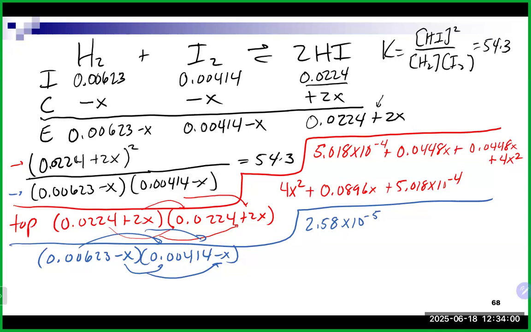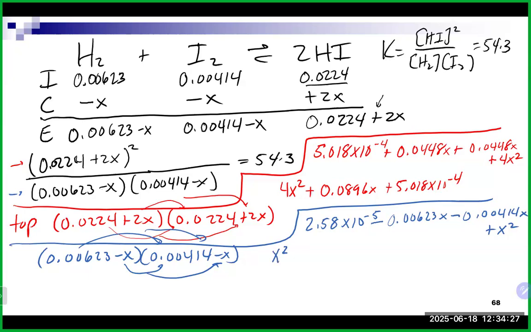Then we got minus 0.00623x minus 0.00414x, and I'll go underneath as well, plus x squared. Again, combining our middle terms there is going to give us x squared.